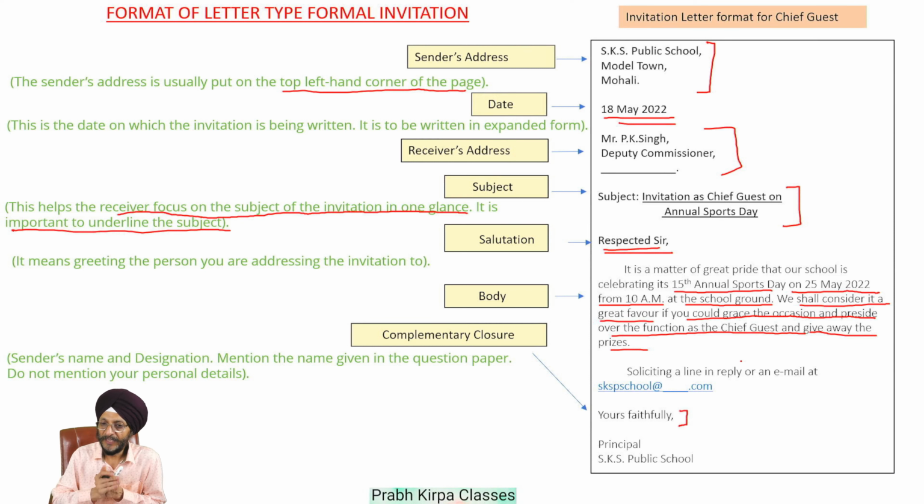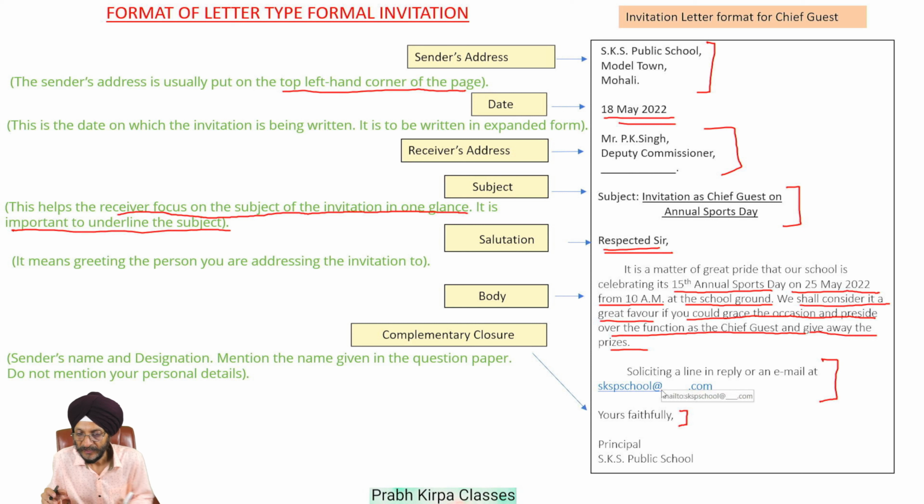In the case of invitation to a chief guest or VIP, we also want a confirmation from the chief guest or VIP whether he will come or not. So we write soliciting a line in reply or an email at.